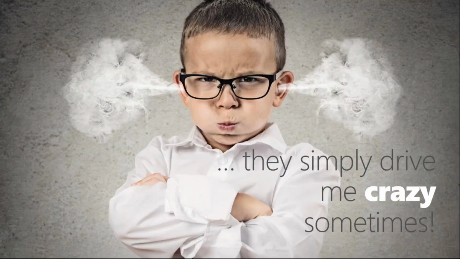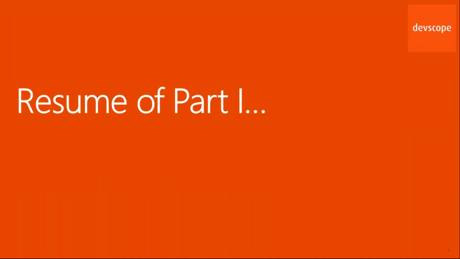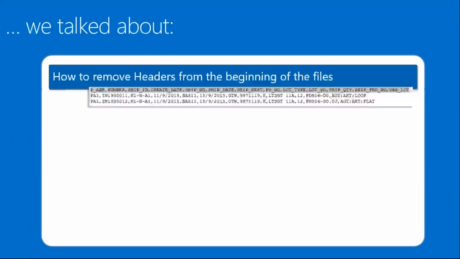In the first talk that I gave, I talked about how we were able to remove headers from the beginning of the files. Just skip that first line that is trash, and keep the data without creating any custom component and so on.